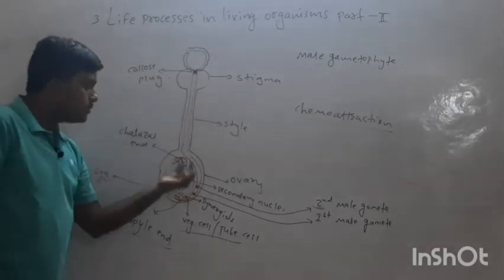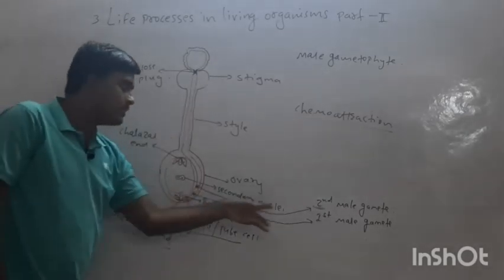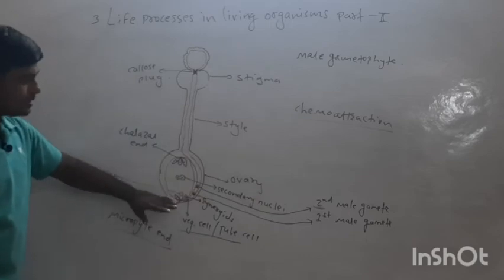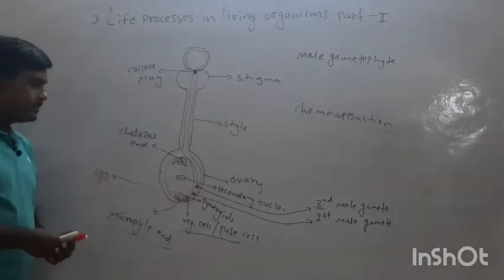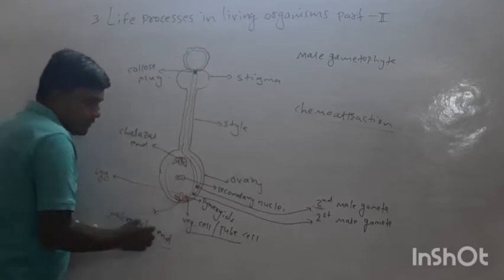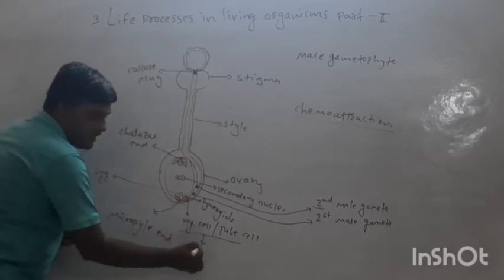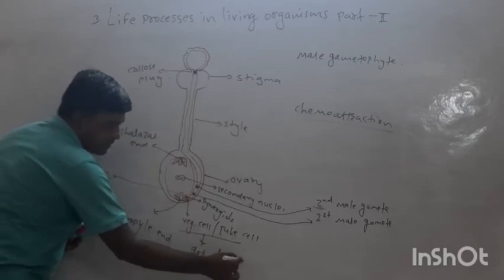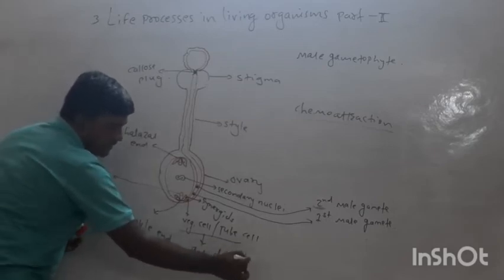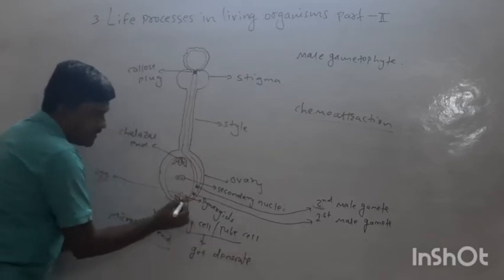That is why the pollen tube containing two male gametes moves towards the ovule, and we can say towards the egg cell. After reaching the micropyle end, the vegetative cell degenerates here.